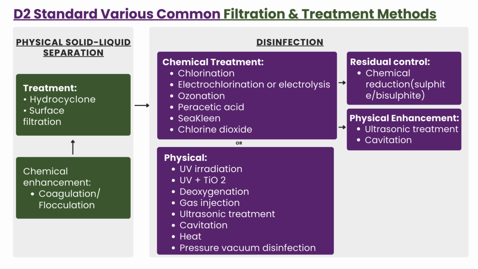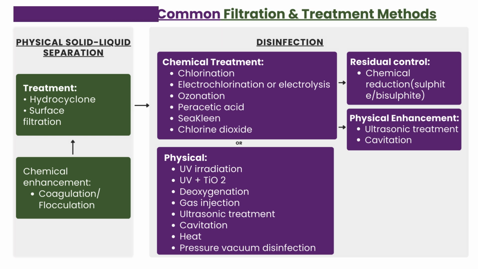In physical treatment, where we are doing the disinfection, we are using ultraviolet radiation, deoxygenation, gas injection, ultrasonic treatment and cavitation. The residual control is chemical reduction by sulfite and bisulfite, physical enhancement, ultrasonic treatment and cavitation. This is normally the process which is done.